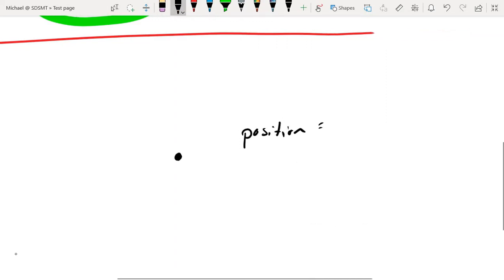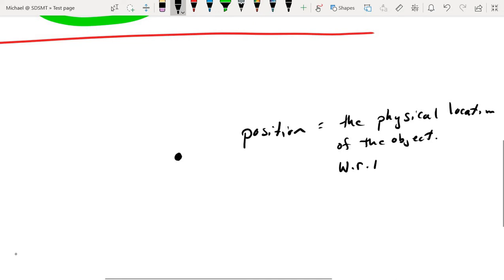The position is going to be the physical location of the object. But we have to be able to measure that physical location with respect to some predetermined frame of reference. And so we're going to put in here: with respect to a frame of reference.